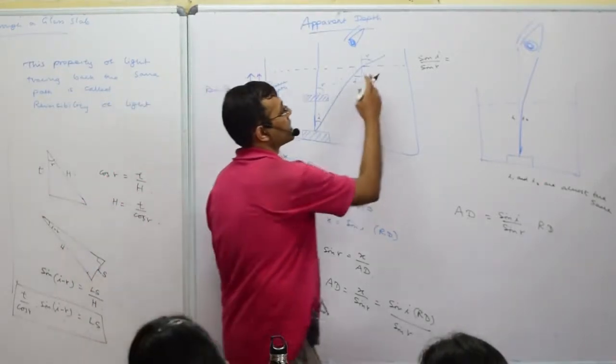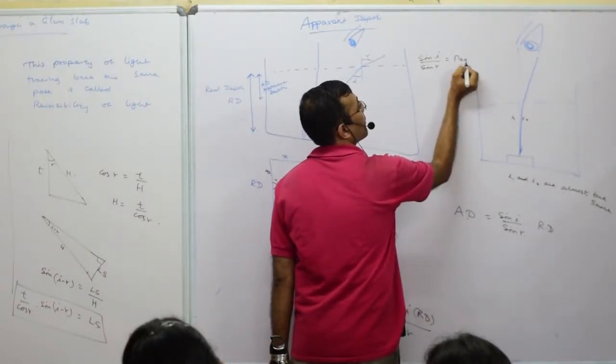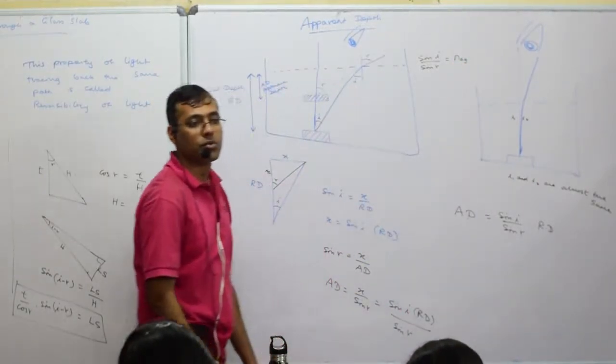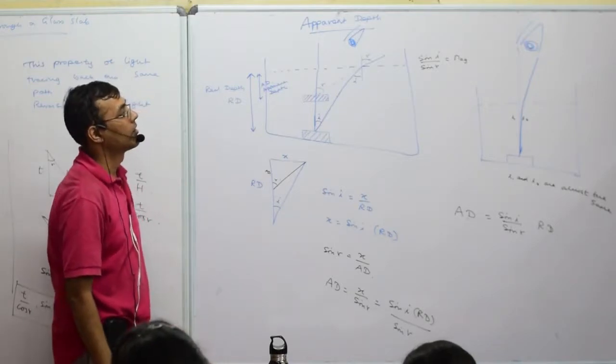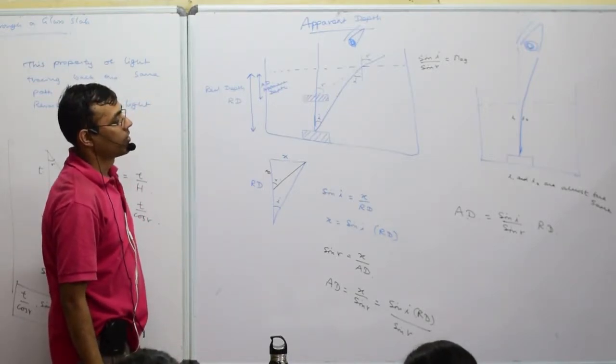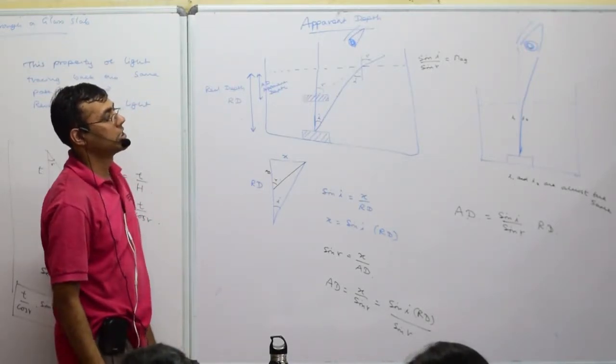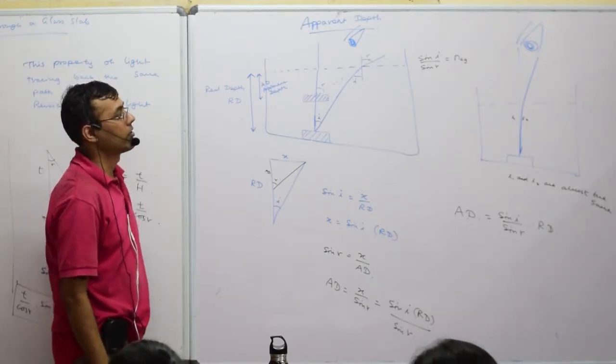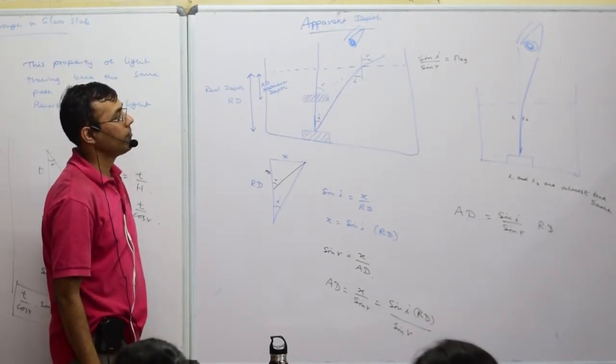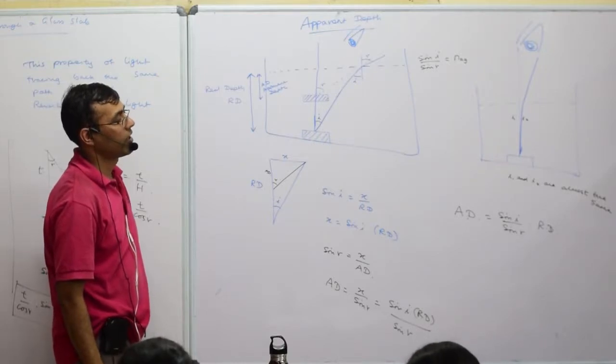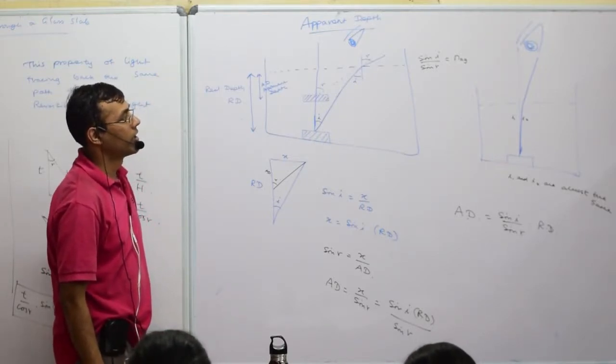NAG, because the refraction is happening in the air. So air with respect to glass. So sin I by sin R is not NGA. This is where people will make a mistake. That means sin I by sin R will be NAG.